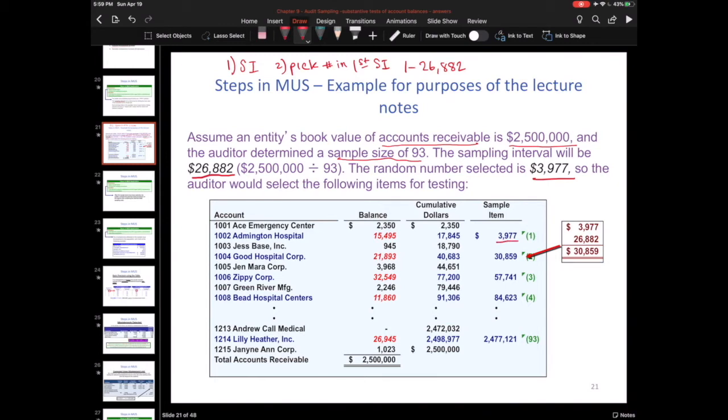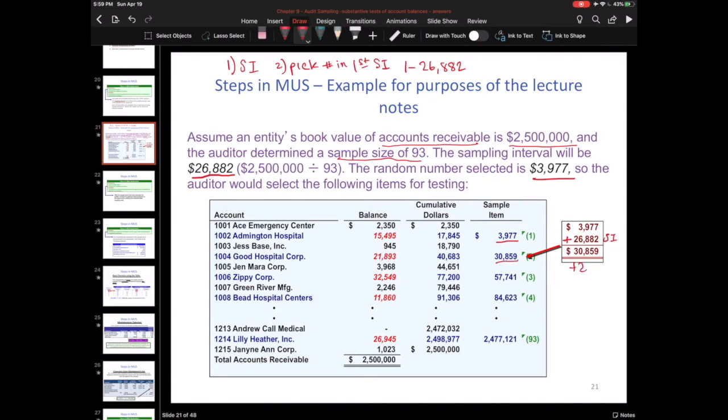Then remember, the deal with systematic selection is I keep adding the sampling interval to figure out each additional item that I have to test. So I take 3,977 and add again the sampling interval, 26,882, and I get 30,859. This is going to be the second dollar that I test.